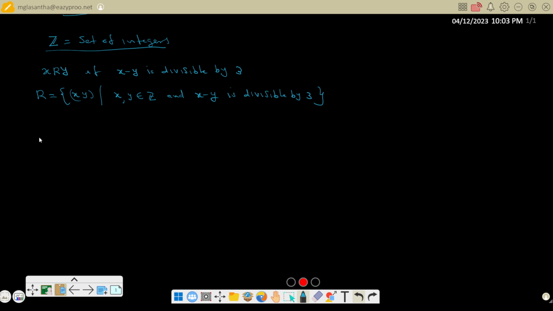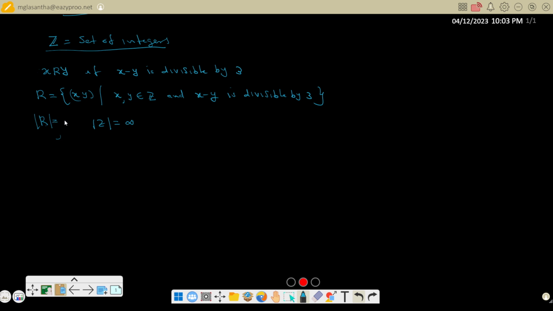What is the cardinality of R? What is the cardinality of Z? The cardinality of Z, this infinite set, the number of integers is infinite.